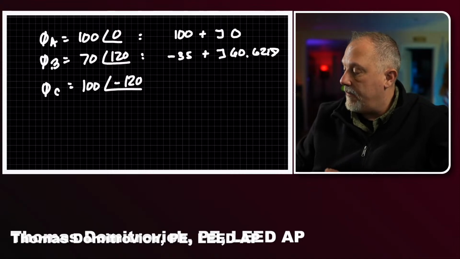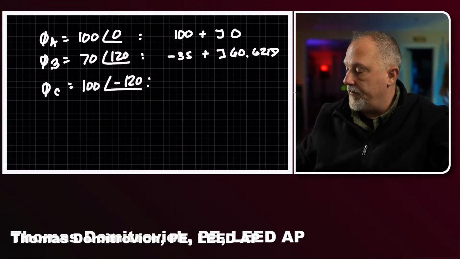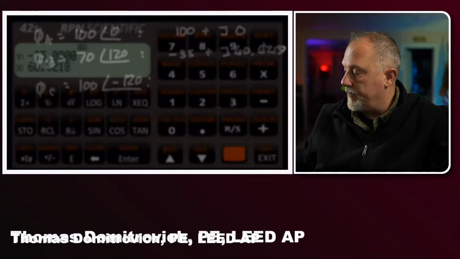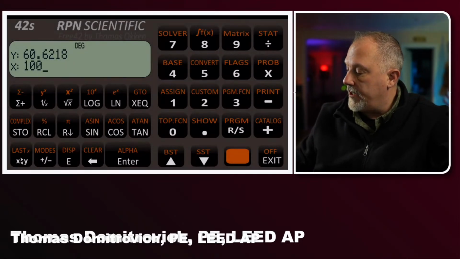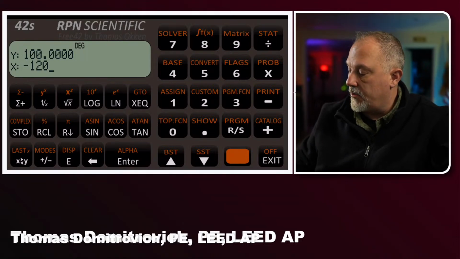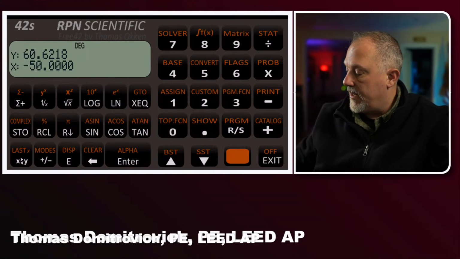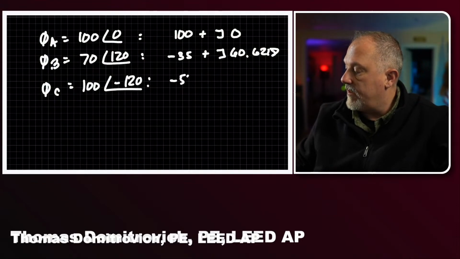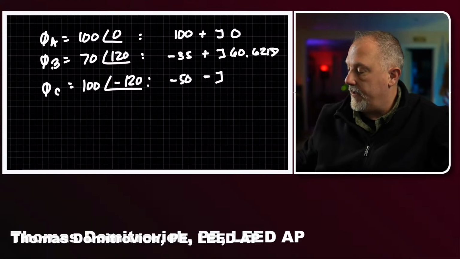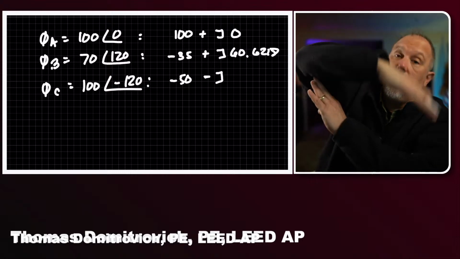And then I'm going to do this one, 100 at minus 120. 100 cosine minus 120 times minus 50. Minus 50 minus j. And I know it's going to be minus because I'm this way.